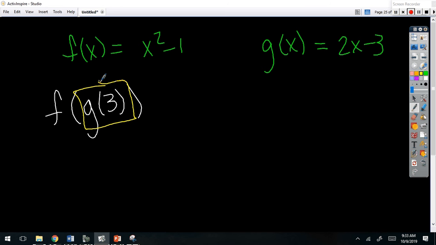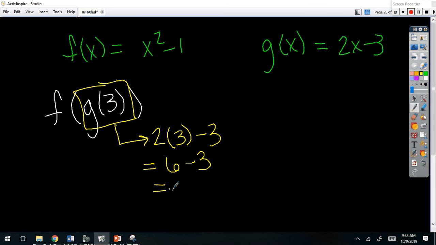Well, g of 3 is what? Which is what? So really what I'm finding is f of 3, right? Well, what's f of 3?